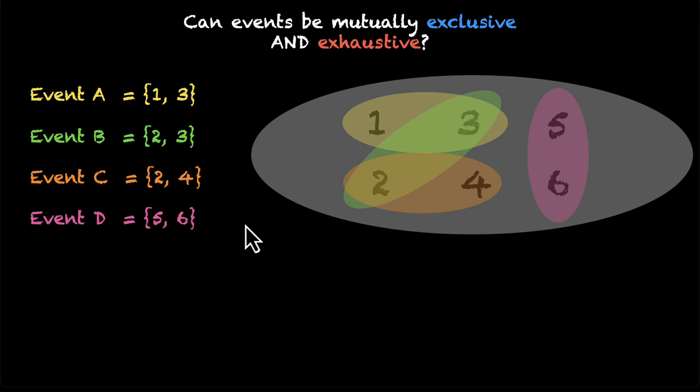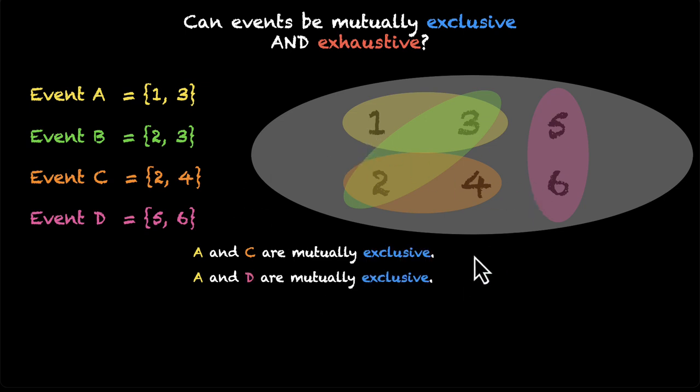Okay, let's take them one by one. Events A and B, that's yellow and green region, well, they overlap, they're not mutually exclusive. What about event A and C, yellow and orange? Well, they don't overlap, 1 and 3 and 2 and 4. So A and C are mutually exclusive. What about A and D, the yellow and pink region? Well, they're also mutually exclusive, there is no overlap.